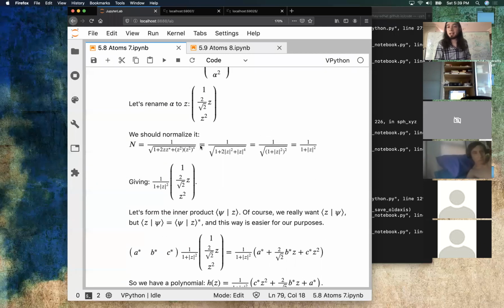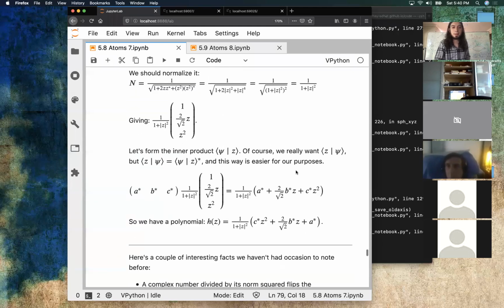We really should normalize it. The length of this vector should be 1. And you find out that the normalization factor is 1 over 1 plus the absolute value squared of Z.